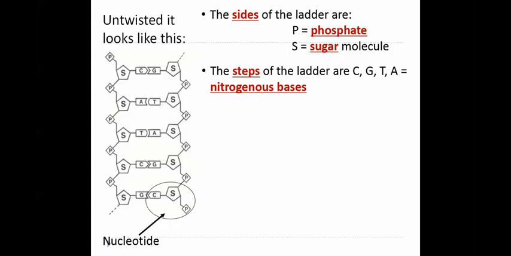This diagram is showing us how they pair. C binds to G. A binds to T. Just like that. So C and G, A and T. There's no two ways about it. It's just that way.